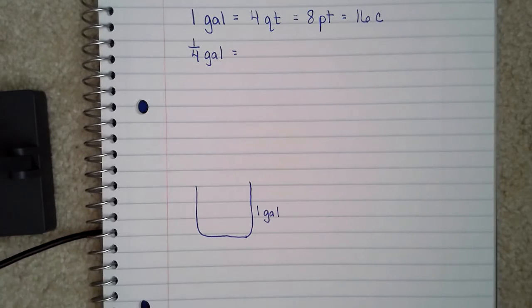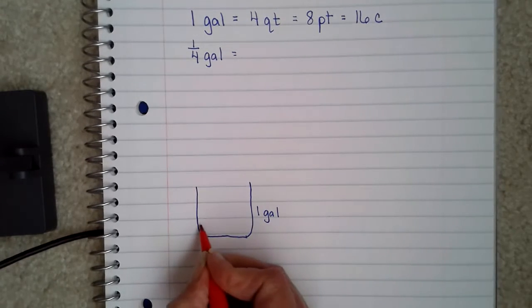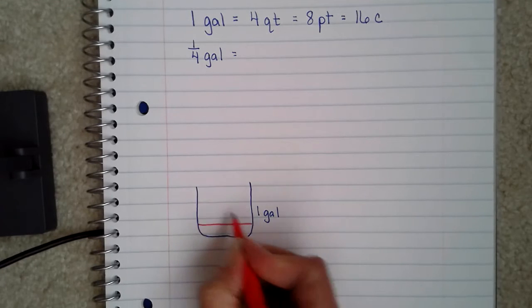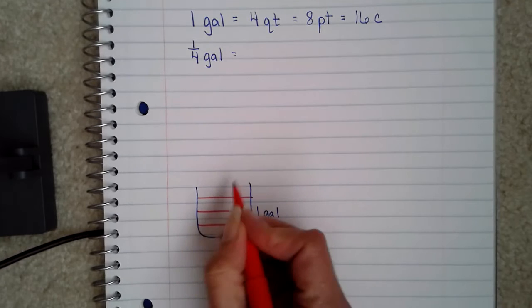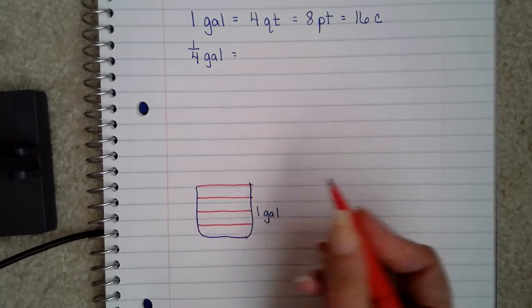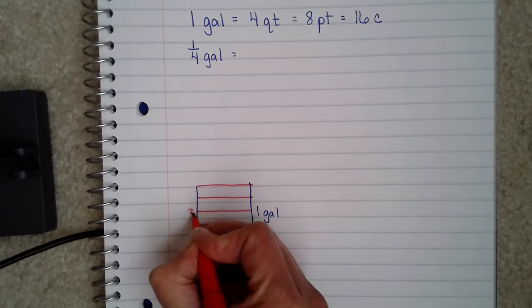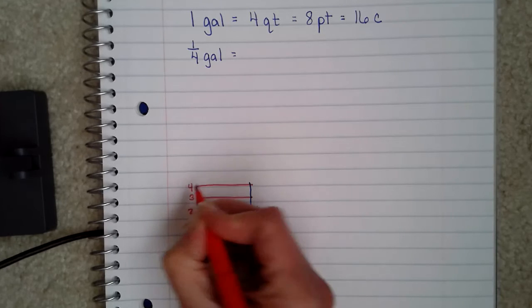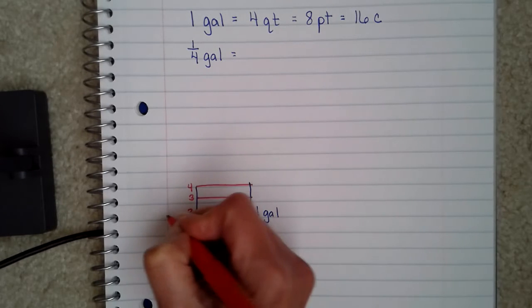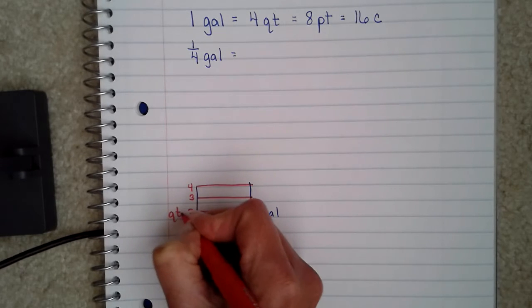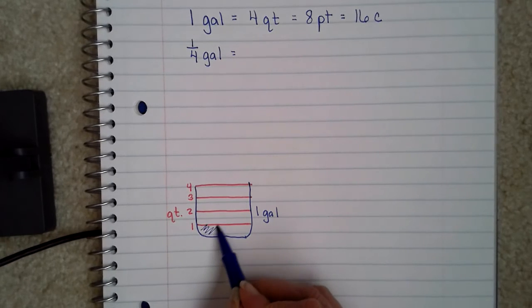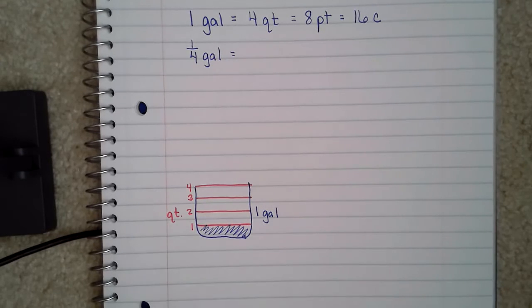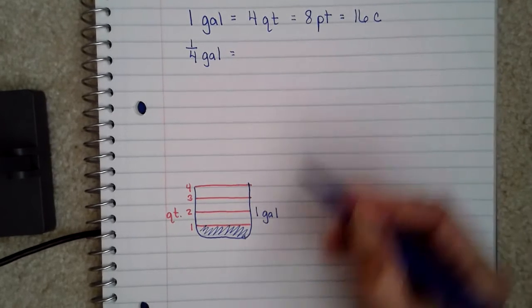So if 1 gallon is 4 quarts, 1, 2, 3, 4. So here's 1, 2, 3, 4, and that's 4 quarts. So if I want 1/4 of a gallon, then that's only going to be 1 quart.